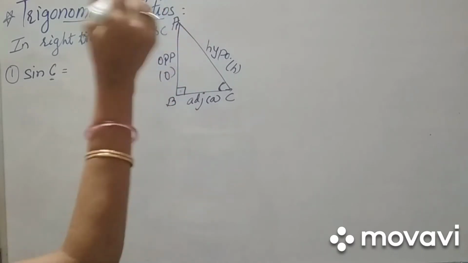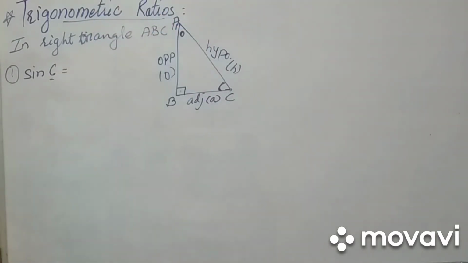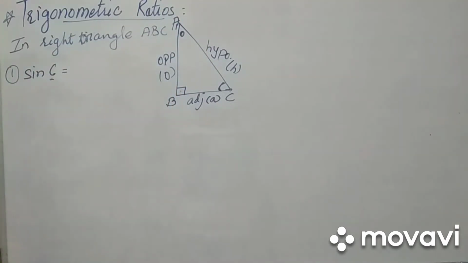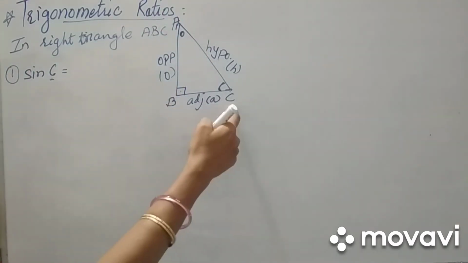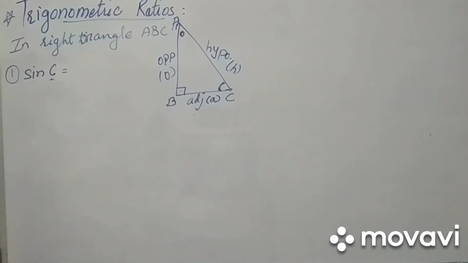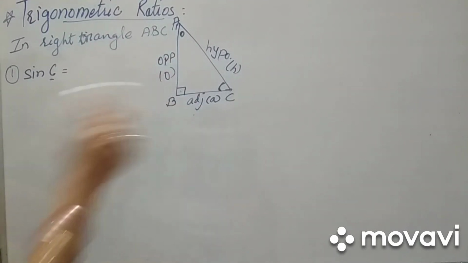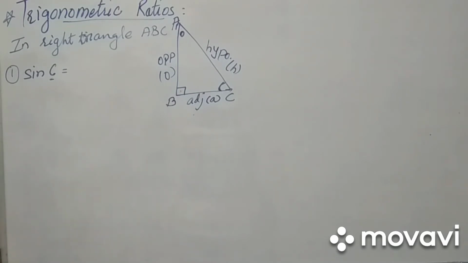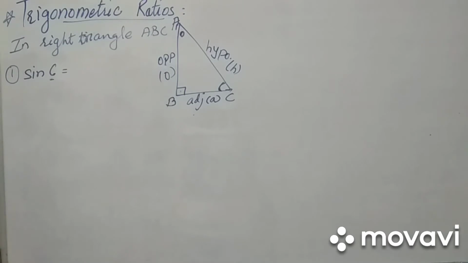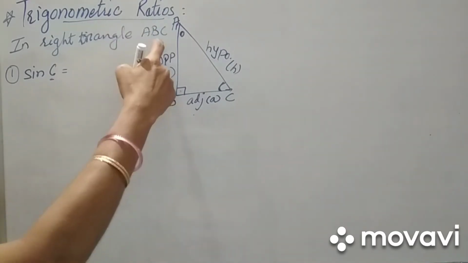Because if I talk about the angle A, you can see, for angle A, BC will become my opposite side. Naturally, the opposite side is done, and what is the adjacent? One is the hypotenuse and one is this AB. Now the hypotenuse cannot change, because the 90 degree does not change, so AB I have to call the adjacent side.